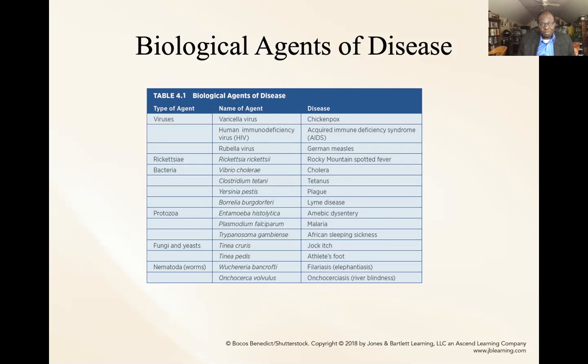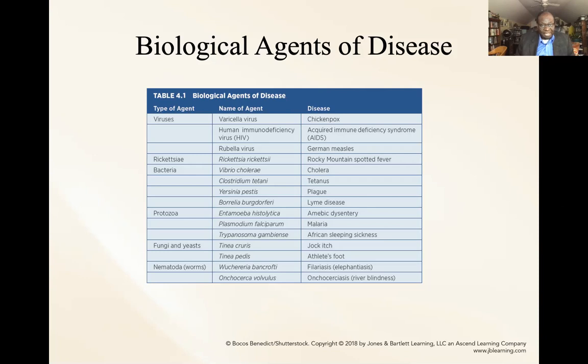Falciparum, which causes malaria, and trypanosoma. Under the protozoan, you have also the African sleeping sickness.